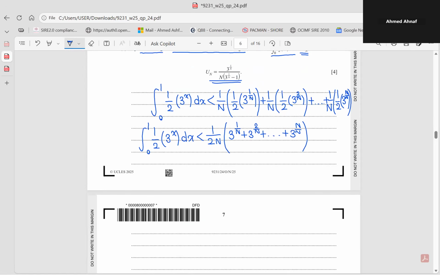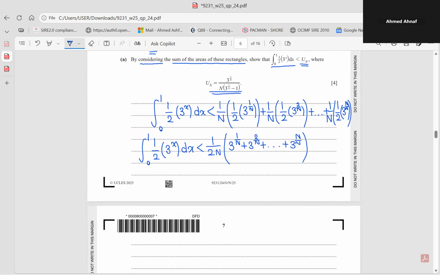Okay, so I want you to realize one thing. You can see that for all these terms, to get the next term, in the numerator you just have to add one. So that's the same as adding 1 over n to the power of the previous term to get the power of the next term. And adding 1 over n to the power is the same as multiplying by 3 to the power of 1 over n.